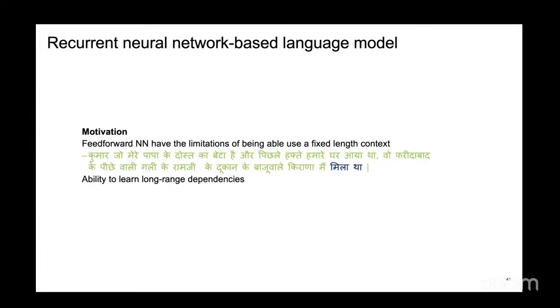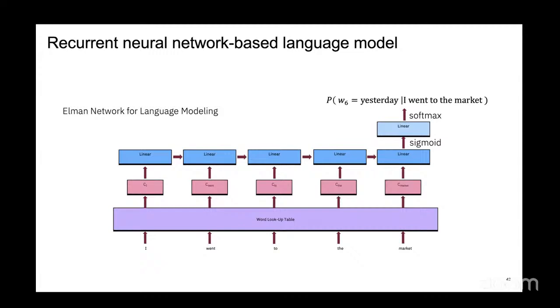So the next iteration of models which came into the picture basically said that instead of just getting the representation, I will also build some sequence into the representation, where I use the representation of the previous word to compute the next word representation. For instance, you see here, as opposed to taking everything independently, when I'm computing the probability of yesterday, I also take into consideration all the representations which I've learned till now.